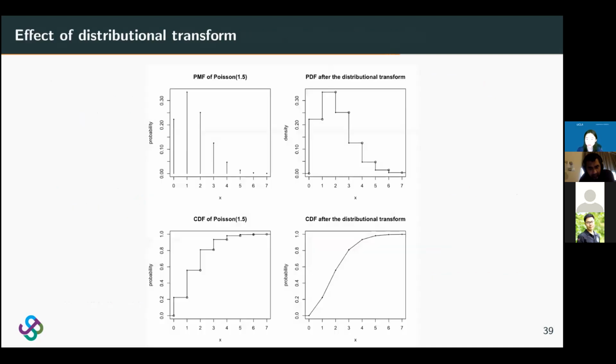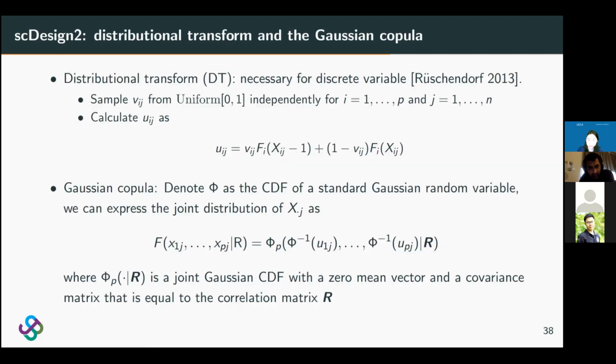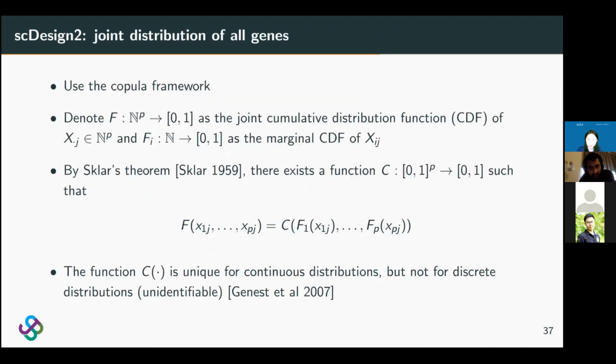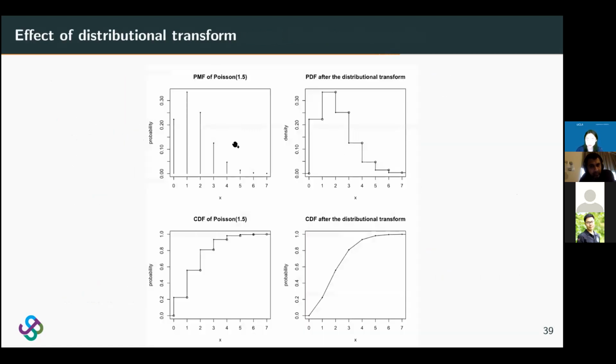If you look at the original copula, we want to get f(1x1j), and we hope this f is continuous. This continuous transformation makes the random variable's CDF go from the stepwise discrete CDF to a continuous CDF. But this is not the only way.